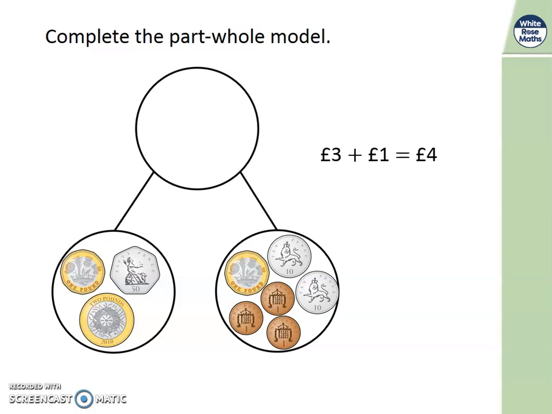Let's put that to one side. Now let's work with our pence. Let's start with the biggest, 50 pence, and add on 10 and 10. That's 60, 70, 71, 72, 73. That's now 73 pence. So when I add these in total, I end up with £4 and 73 pence.